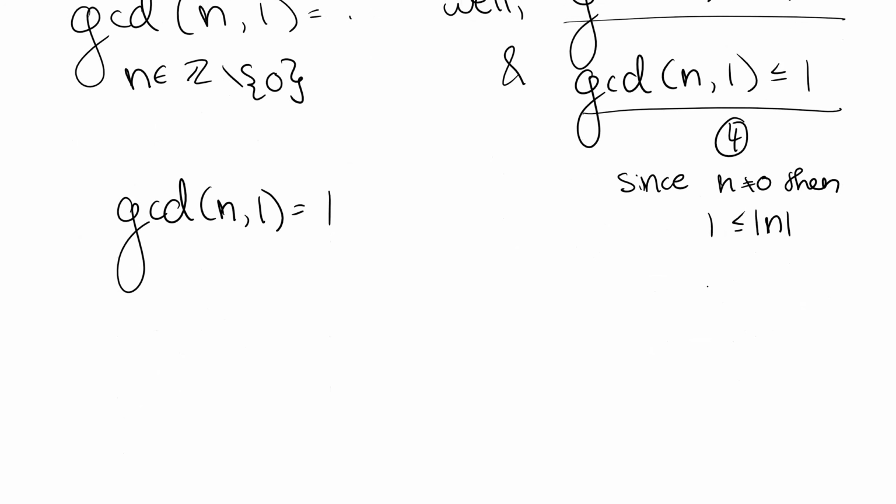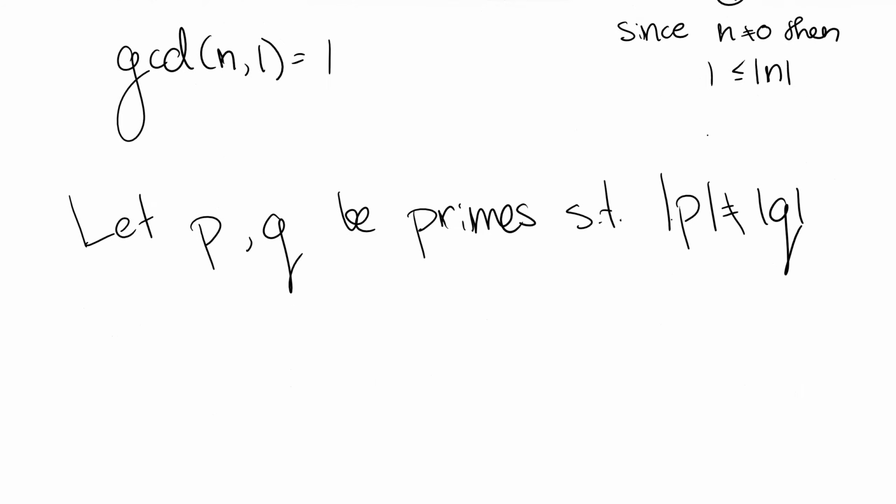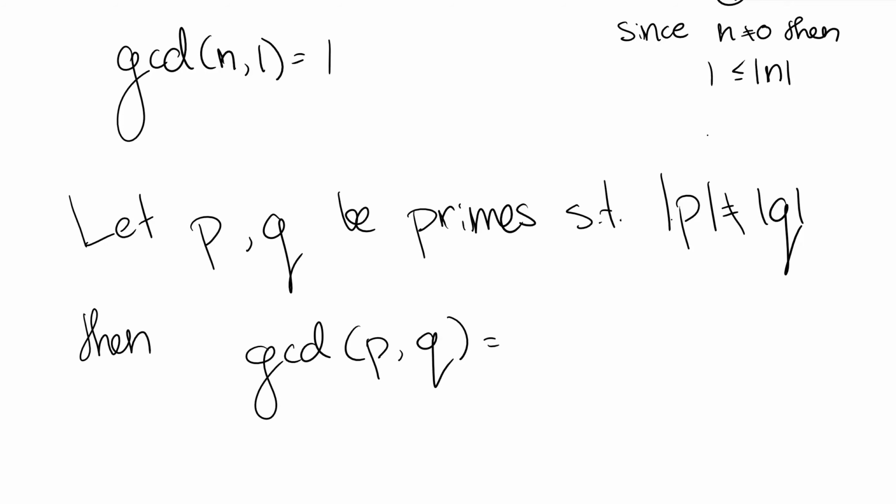Similarly, we can think about, let's say P and Q are primes such that their absolute values are not equal. So they're not equal and their negatives are not, there's no combination where they're equal. Well, then what's our GCD of P comma Q going to be?